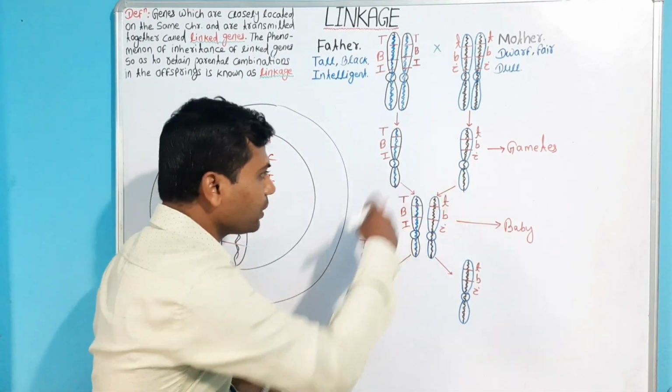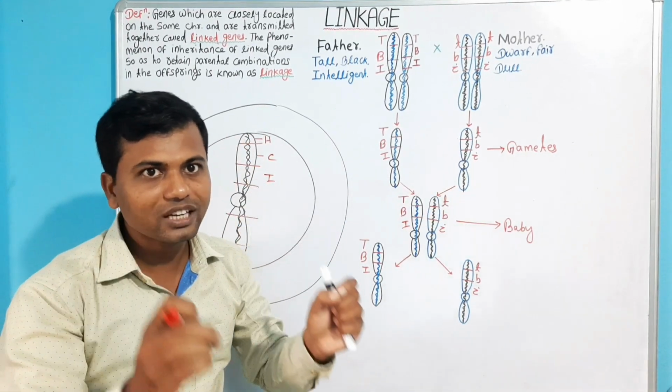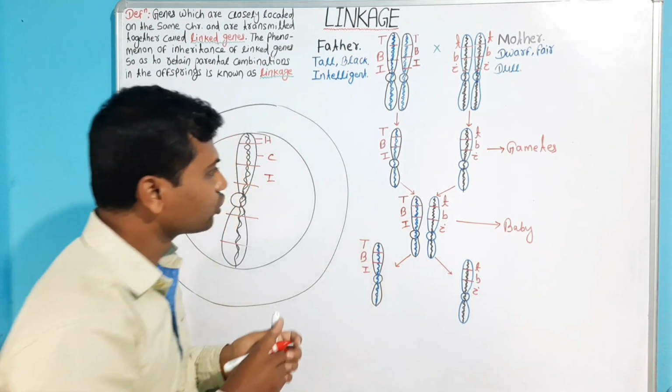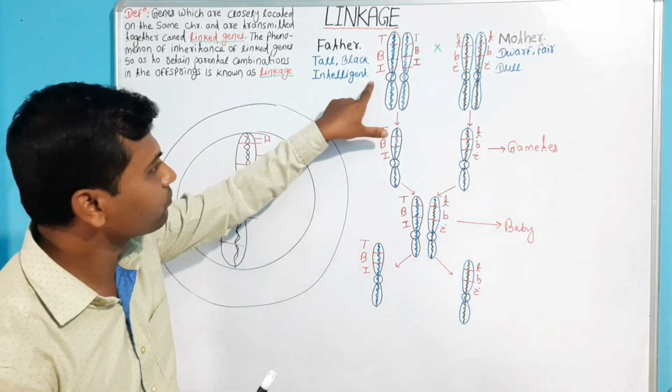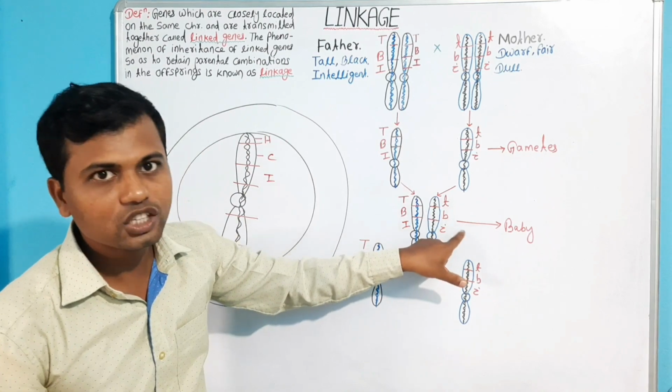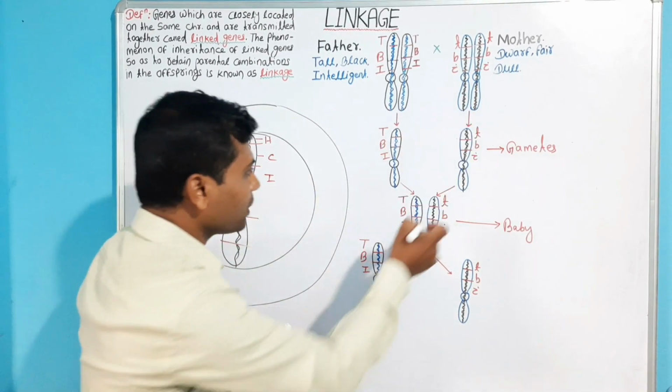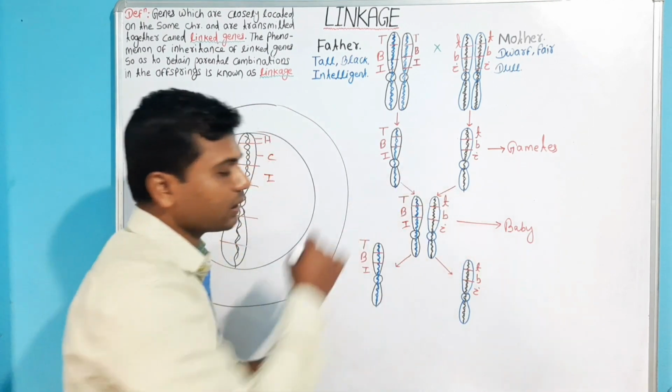Now this baby has both parental combinations of alleles: capital T, capital B, capital I, which the baby got from the father, and small t, small b, small i, which the baby got from the mother. So now this baby has all the parental combinations of alleles.